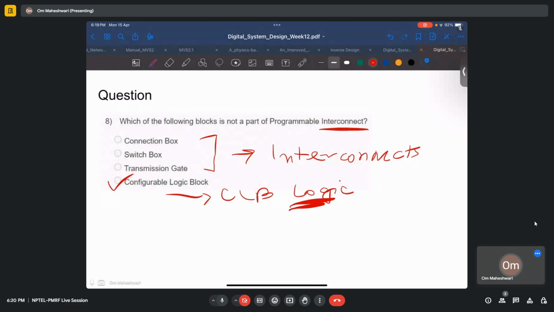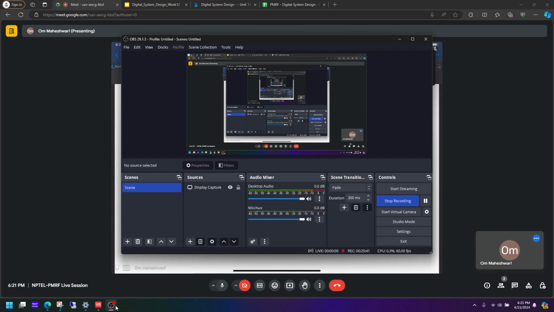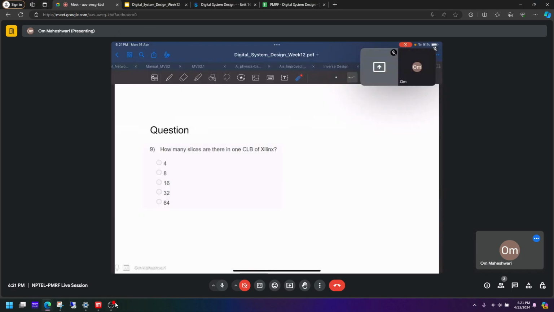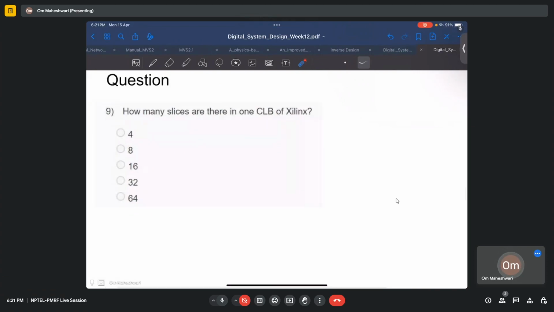Okay, next question. How many slices are there in one CLB of Xilinx?